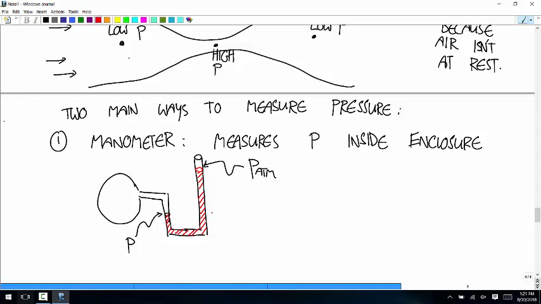This red is a liquid with a density of rho. This distance here, we'll call h. So you measure the difference between those two heights.